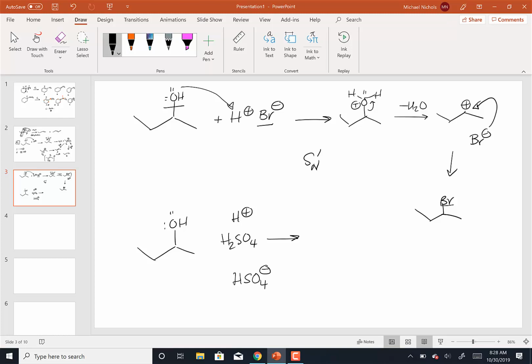And we already know that if it's a strong acid, its conjugate base is going to be weak. And in general, the weak bases are going to be weak nucleophiles. But in this case, if I wrote the structure of this out, it would look like this.